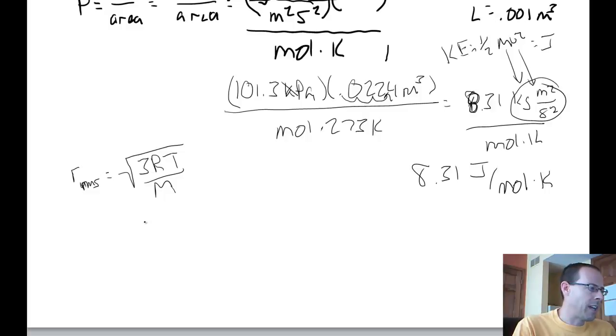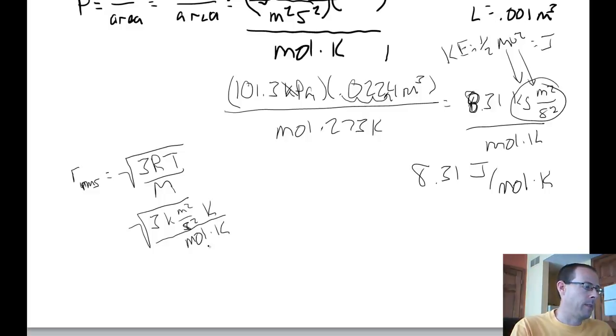So if we just look at units, we want the square root of 3 times kilograms meter squared per second squared, and then T is going to be Kelvin. But what's the denominator of our R? Well, it's all over moles times Kelvin. And then we're going to place that over molar mass.